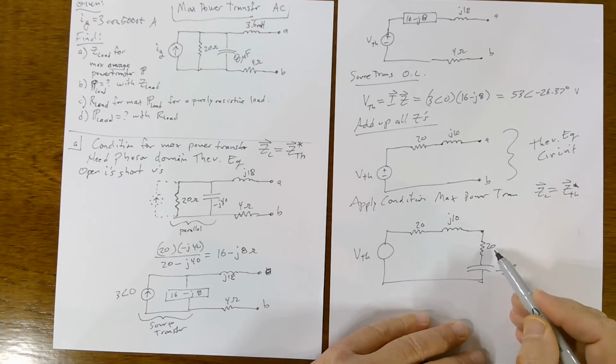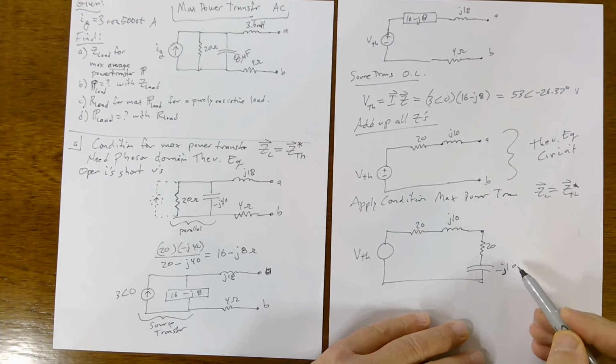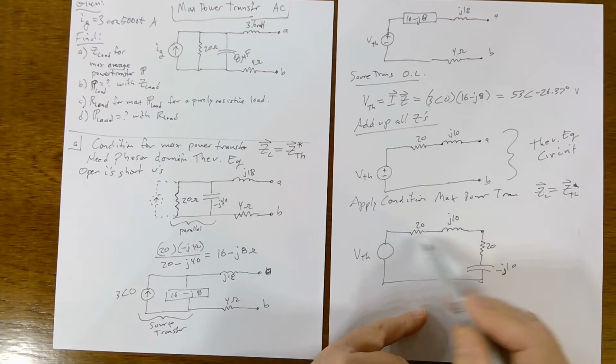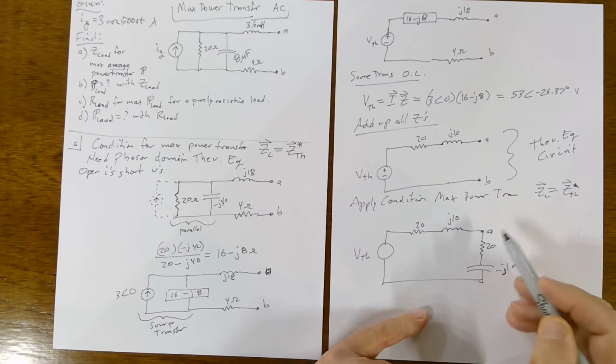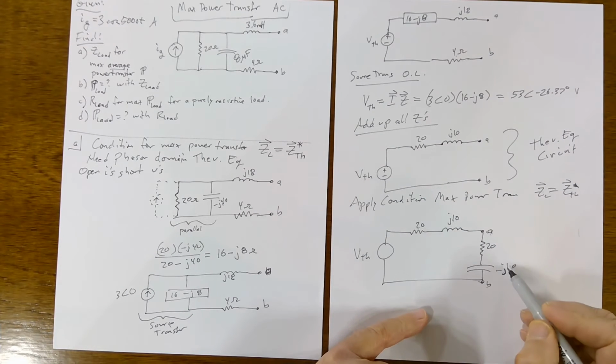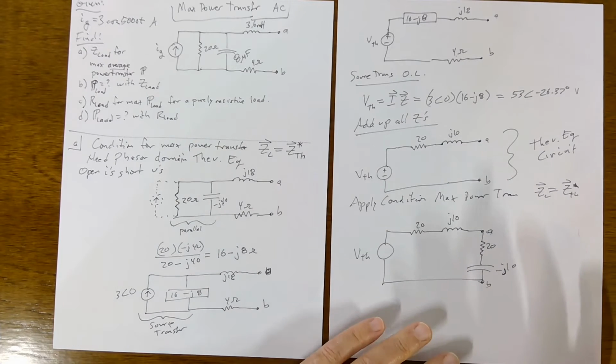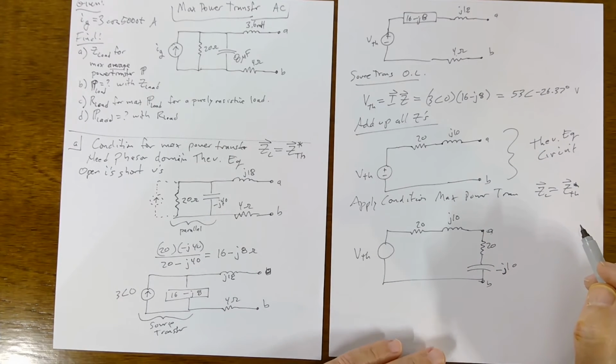The conjugate of that would be 20 minus J10. Okay, and what's in effect happening is this inductance of the distribution circuit is being canceled out by the capacitance of this load, and the overall circuit appears to be a 40 ohm purely resistive circuit.